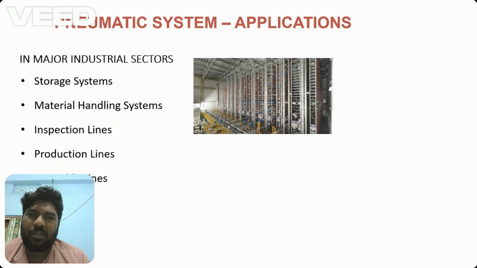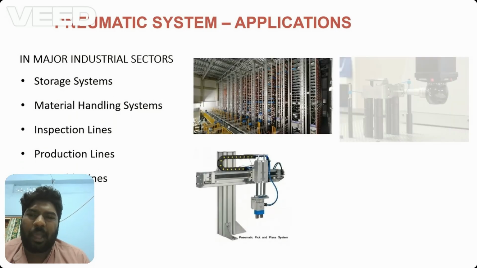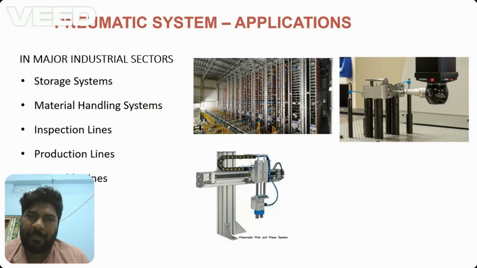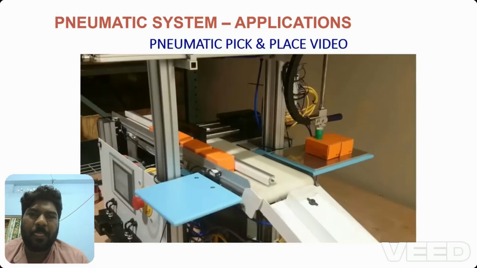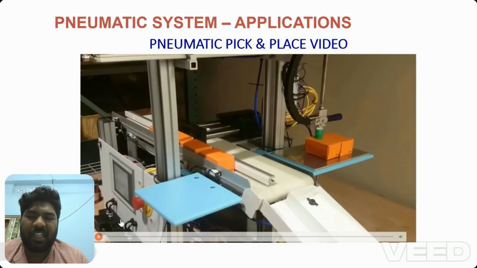So the major applications that we can see in industries, we are using for storage systems, material handling systems, inspection lines, production lines. Majorly these are some of the applications. And here we can see there is a smaller application animation.